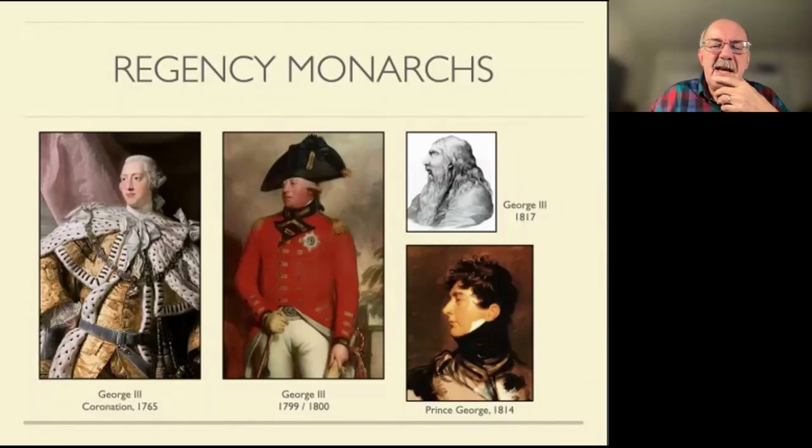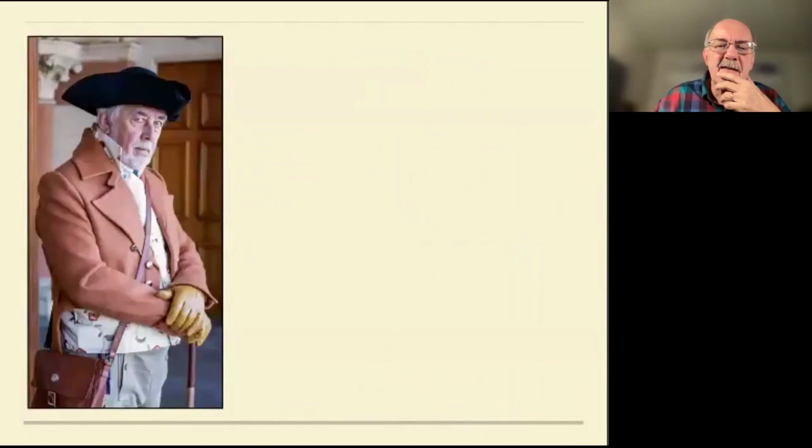So it's technically when Prince George is making all the decisions. That's the technical part of the Regency. But for dancing terms, we'll think a little bit more broadly than that. Okay, back to dancing.